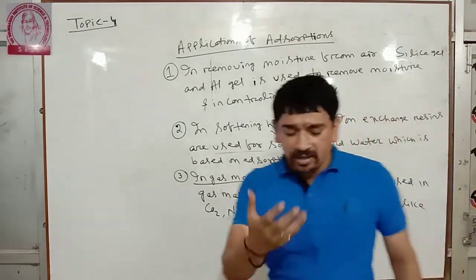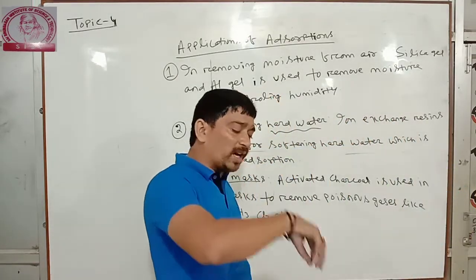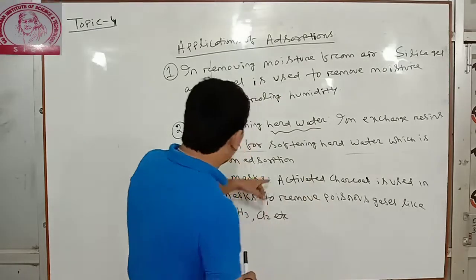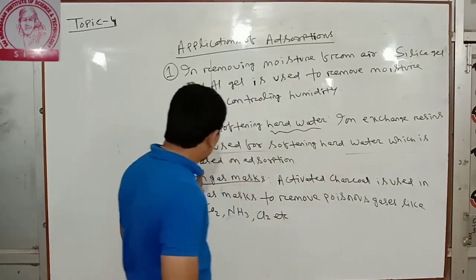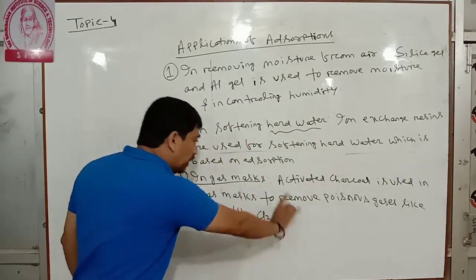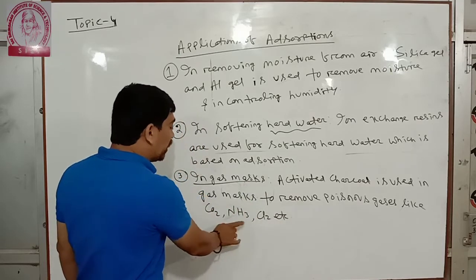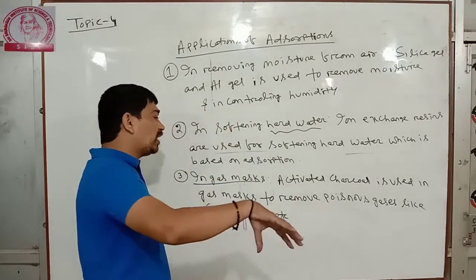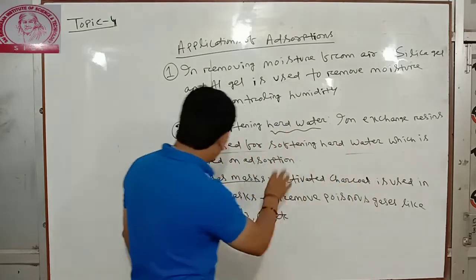The coronavirus gets adsorbed on its surface. Similarly, the activated charcoal used in a gas mask removes poisonous gases like CO2, NH3, Cl2, which get adsorbed on the activated charcoal.